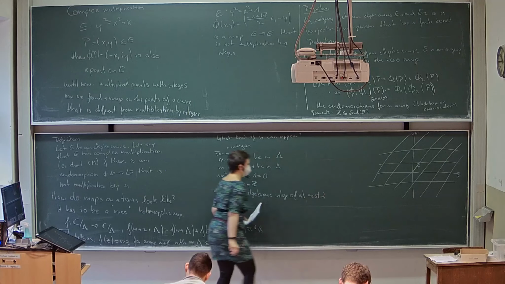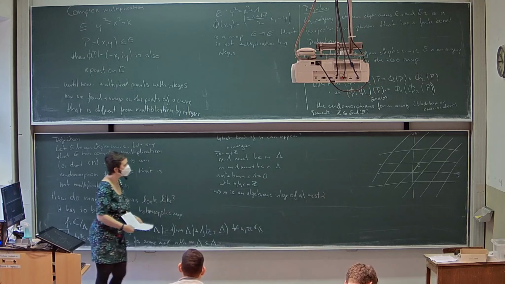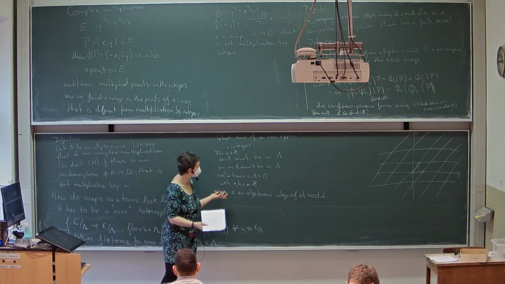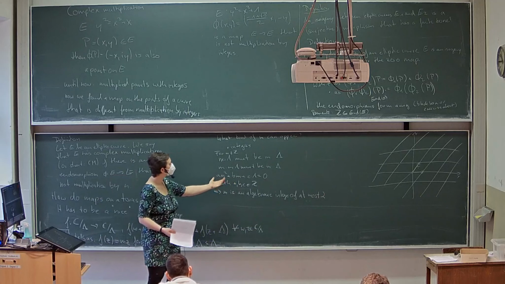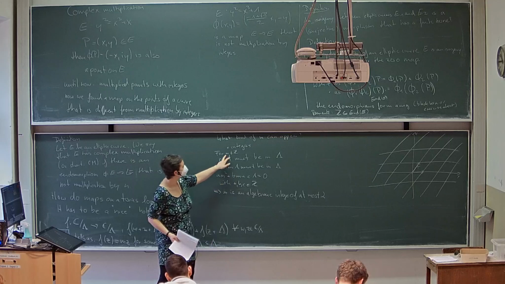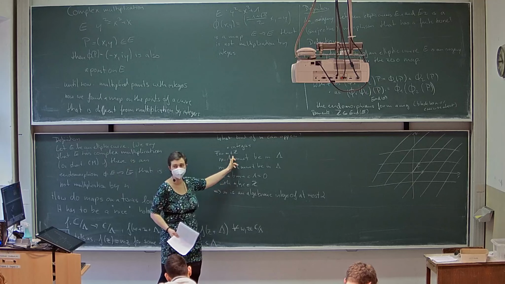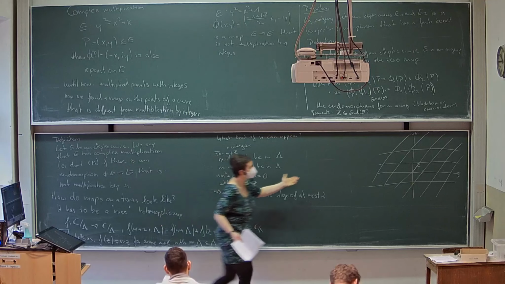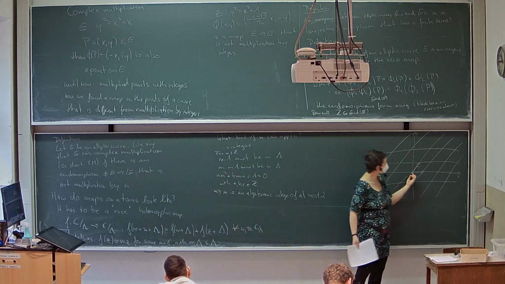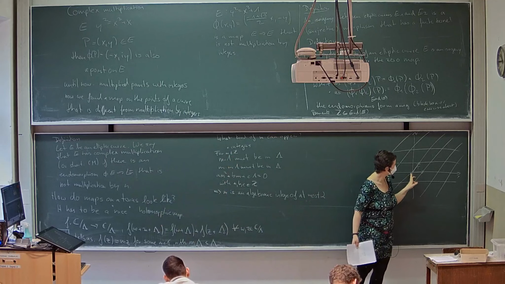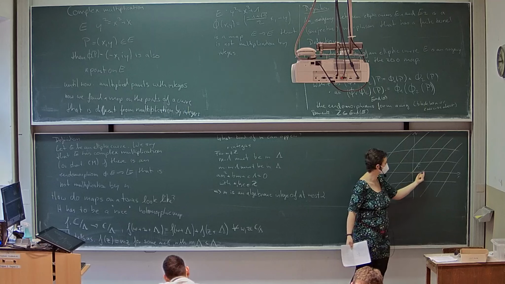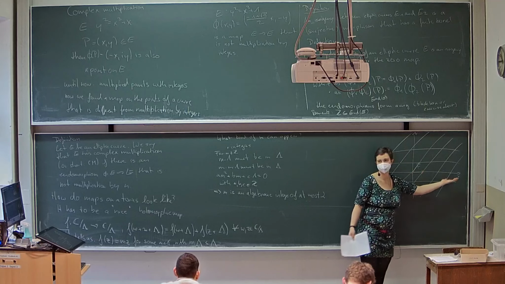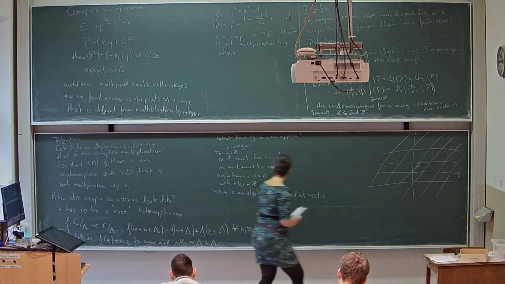So what else can we say? I said at most 2. Can it be of degree, well, degree 0 doesn't make sense. Can it be of degree 1? Well, degree 1 would mean that it's either an integer or it's a rational number. But it cannot be a rational number because then it would just not take, for example, 1 to some other integer. Cannot be a rational number.